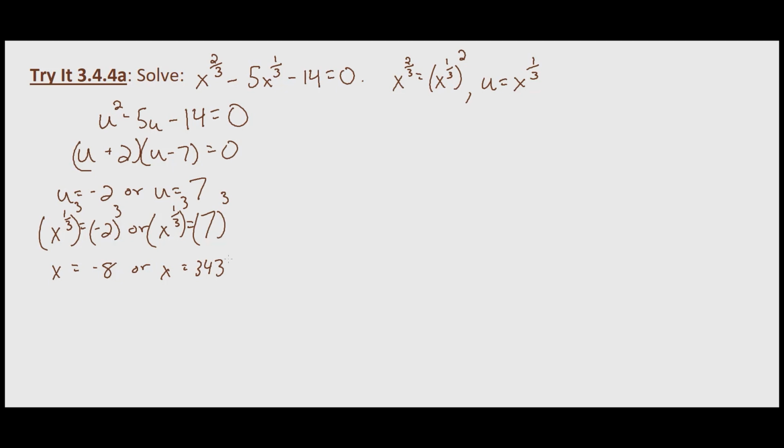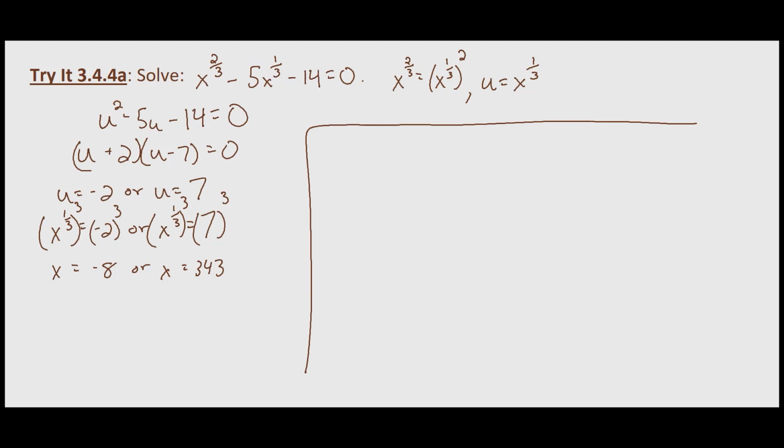As always, we will check our solutions by substituting back into the original equation. In this case, we have x to the 2/3 minus 5 x to the 1/3 minus 14 equals 0. So we can check that solution.